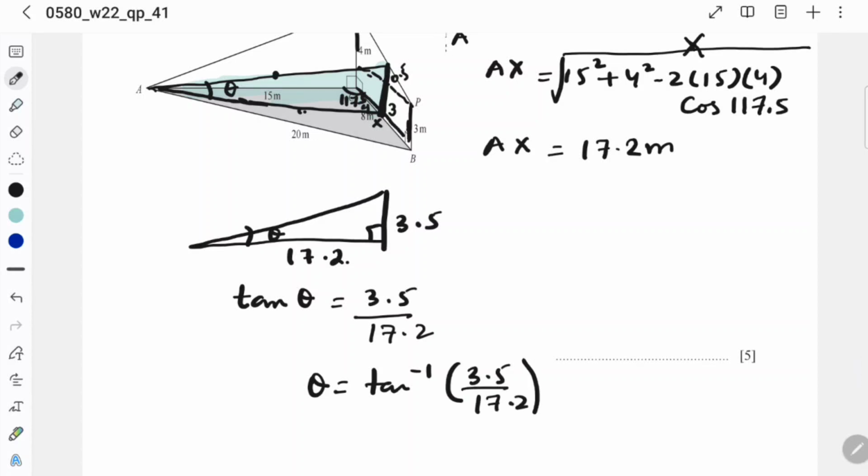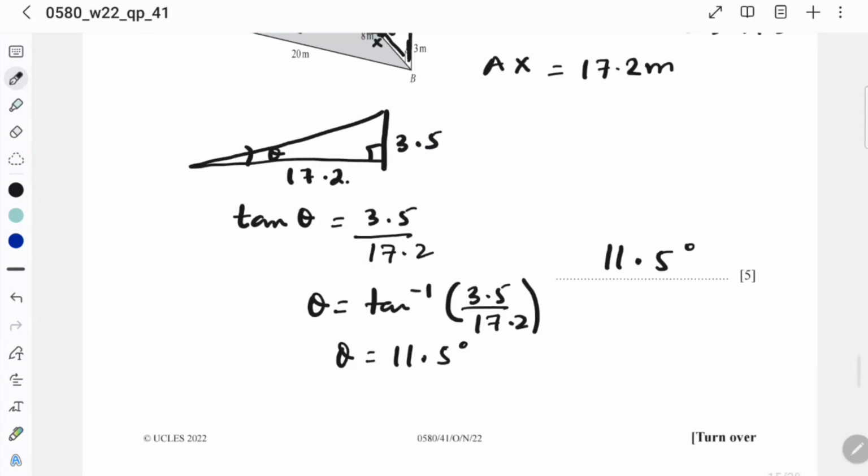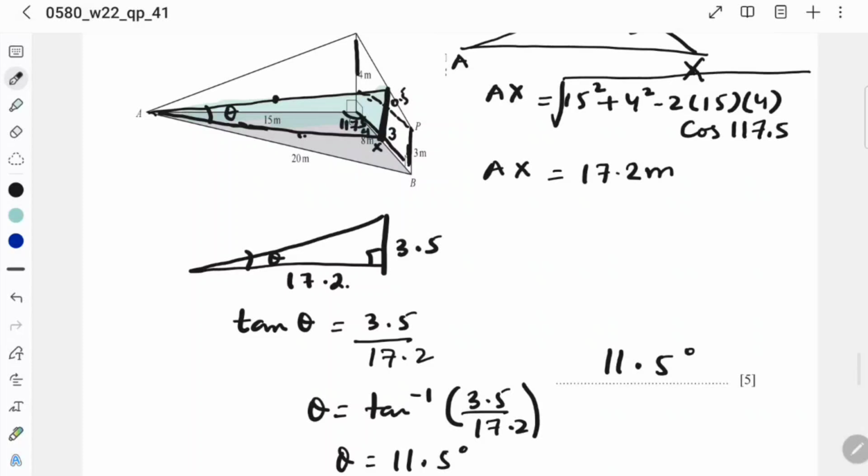Please add more steps in this question and explain everything like I have drawn in the diagram, how you get this 0.5 or 3 or the 4 meters in the middle of the line. CB is X, so that's why I took 4 meters. Explain each and everything to get 5 marks here. So that is coming to 11.5 degrees. I just calculated it myself. I didn't show the calculator here.